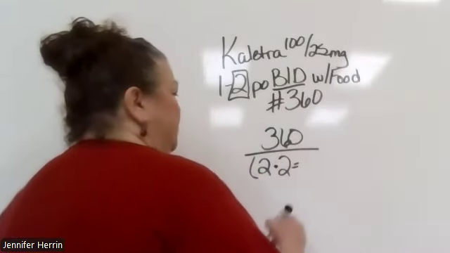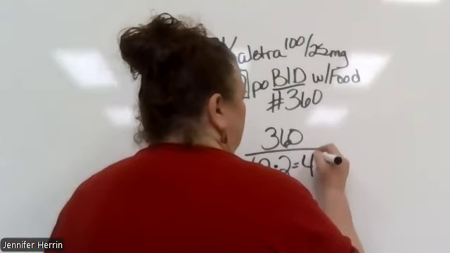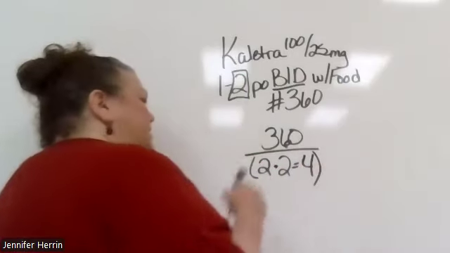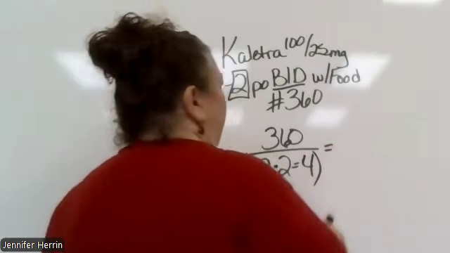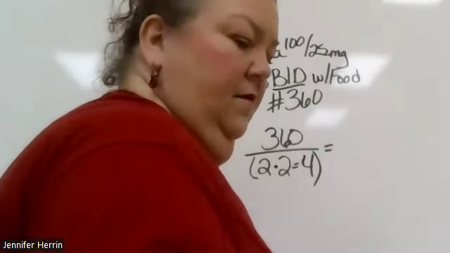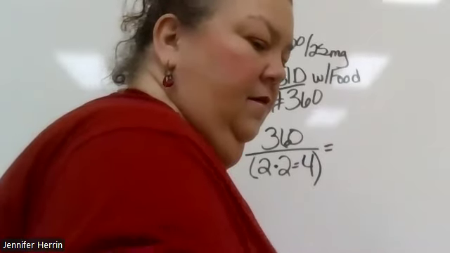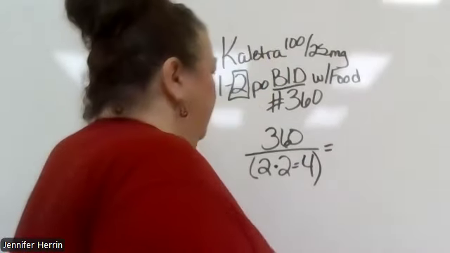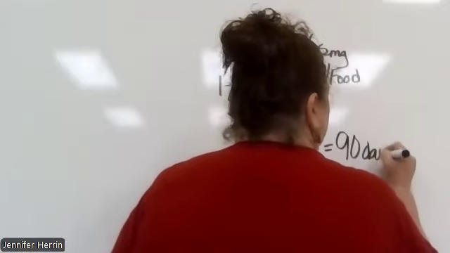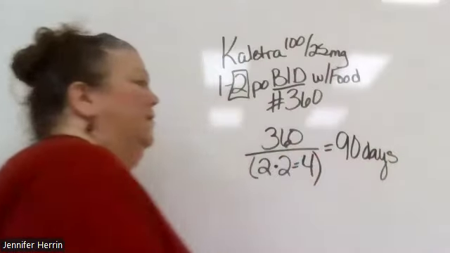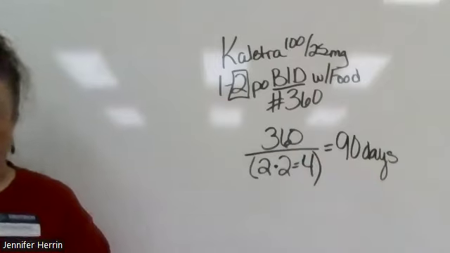Twice. 2 times 2 gives us 4. 360 divided by 4 is 90-day supply.